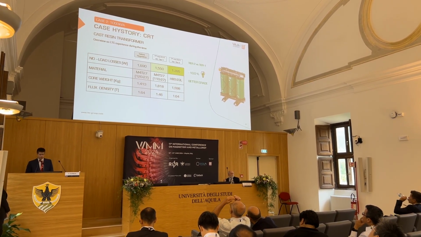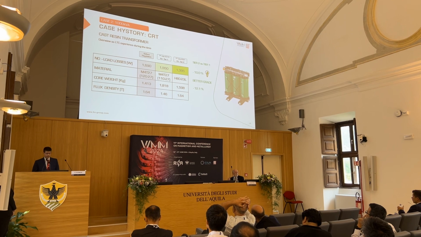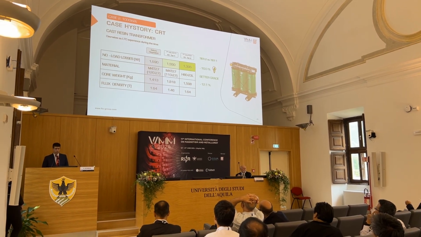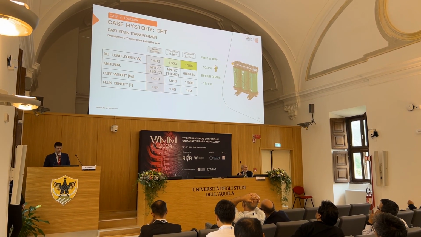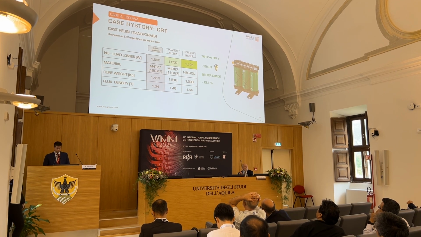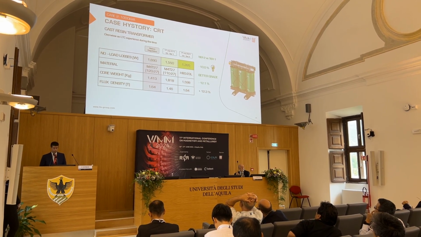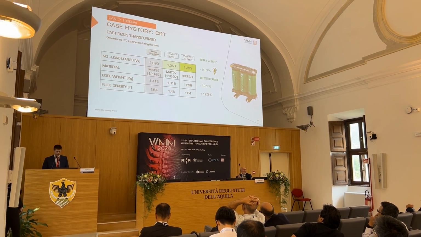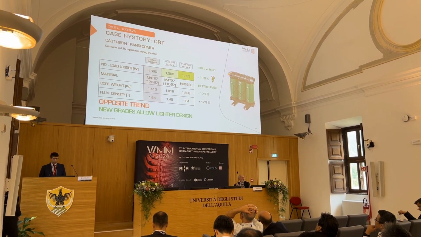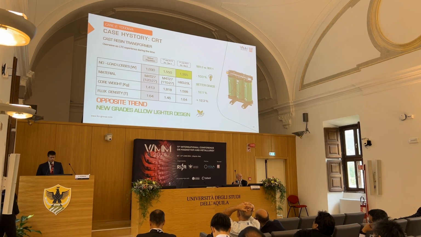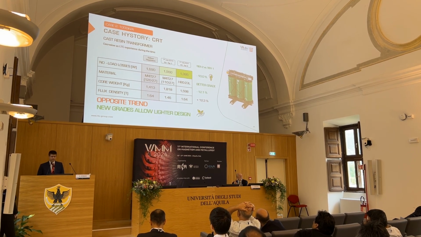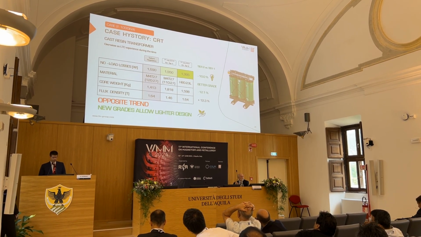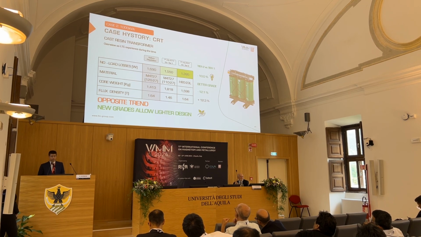It's a big step, but it also allows a lighter core design, so we have a 12% reduction in weight. At the same time, we have a 12% increment in the flux density. So in this kind of design there is an opposite trend, because the new grade allows the customer to make a design which is lighter and therefore also more efficient.